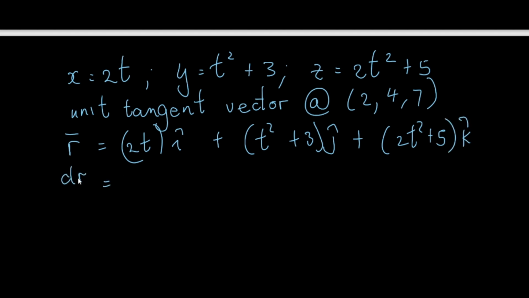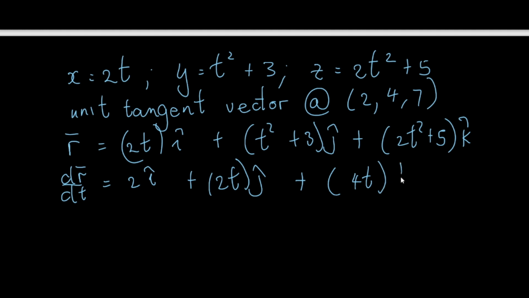So if we find our tangent vector, that's dr/dt, then we just get 2i plus the derivative 2t j, and then derivative 2 times 2 is 4, we get 4t times k. Sorry, this is a cubed here. Let's make this a cubed. So 3 times 2 is 6, and then we get 6t squared.